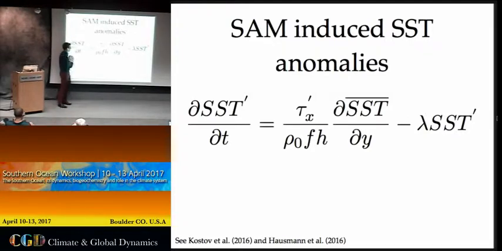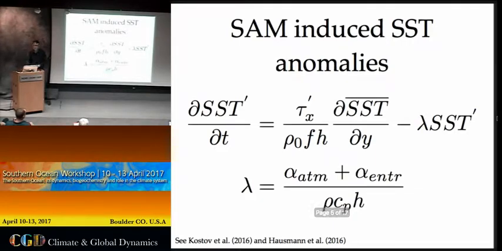And once we form this anomaly, it then decays away with some sort of decay time scale, which here is given by lambda. And if we expand that lambda a little bit, there are lots of different processes that go into affect this. In particular, I'm focusing on two here. So we have atmospheric damping, where the atmosphere is either taking the anomalous heat out of the ocean or putting heat back into an anomalously cold sea surface.